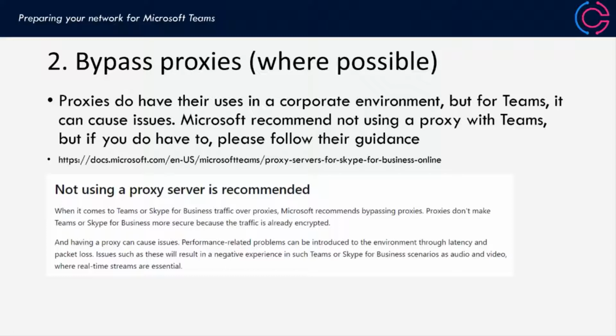And as Microsoft have outlined in the screenshot, you will get performance related problems, such as latency and packet loss, if these proxies aren't bypassed. The reason for that is that the proxy inspects the traffic and handles the traffic and maybe malforms the traffic on its route between the client and Teams, and that can have a negative impact on the traffic.